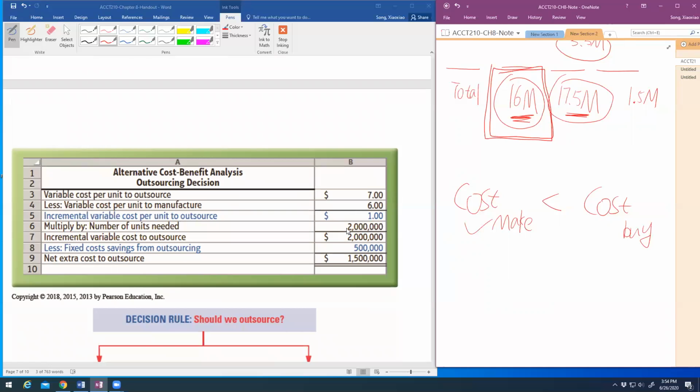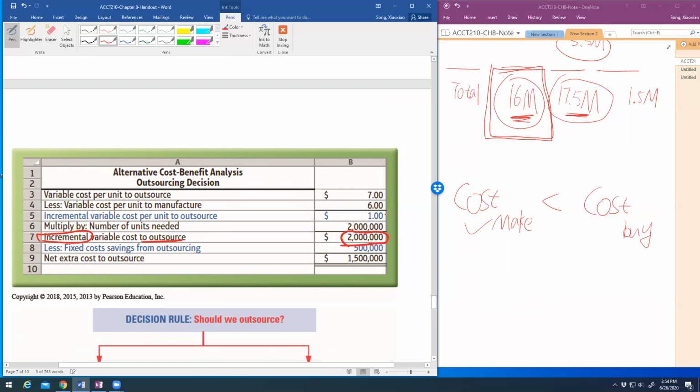So your total incremental cost for the outsourcing is 2 million, because for each one, 7 minus 6, this is the difference, right? So your total incremental is 2 million, but you have a fixed cost saving of 500,000.